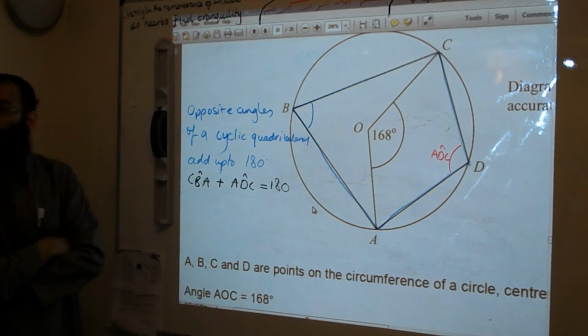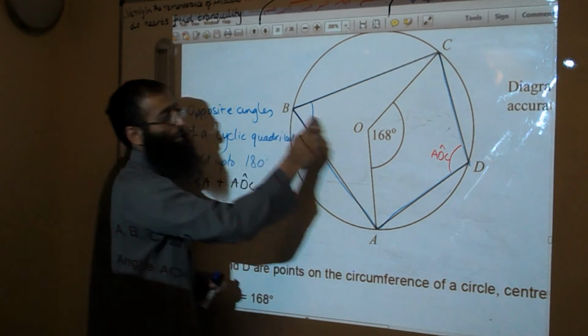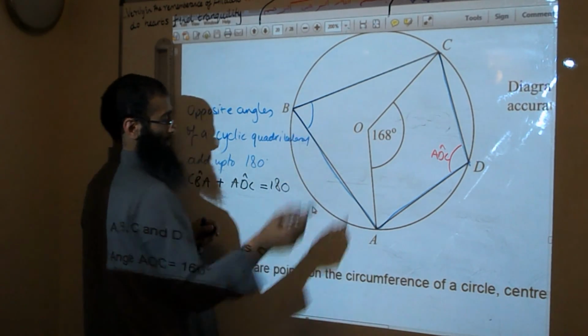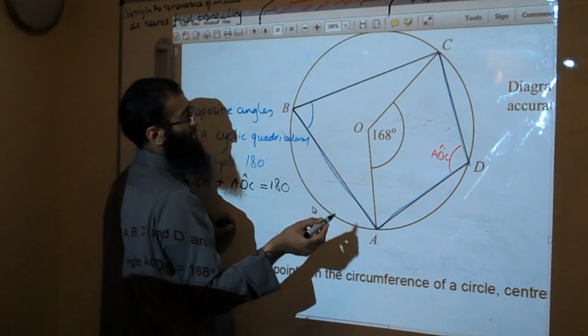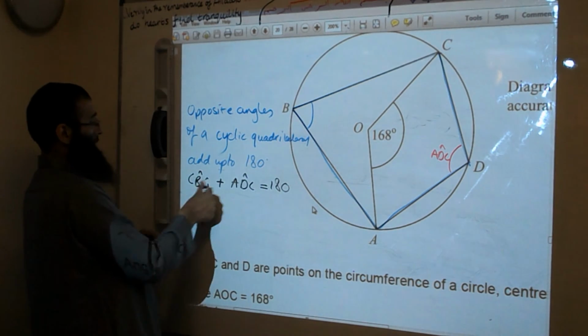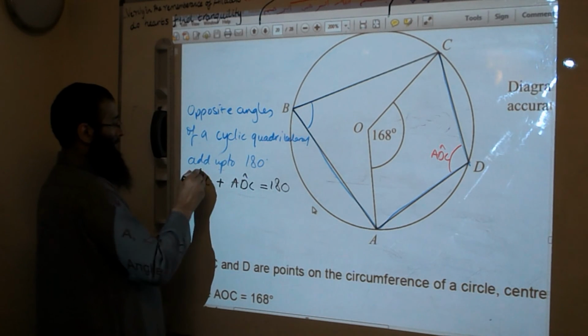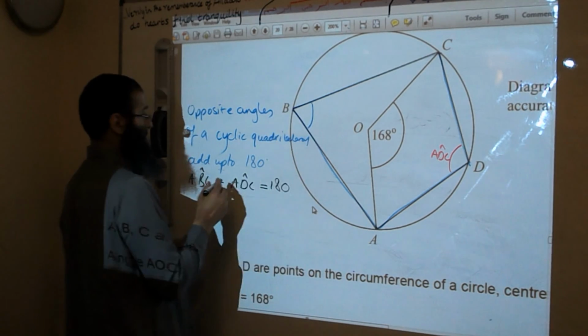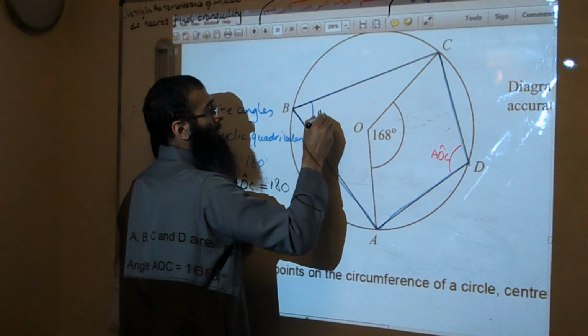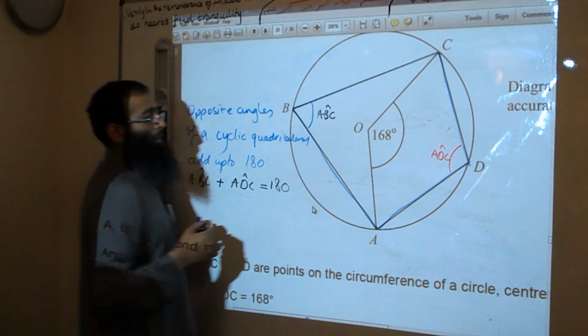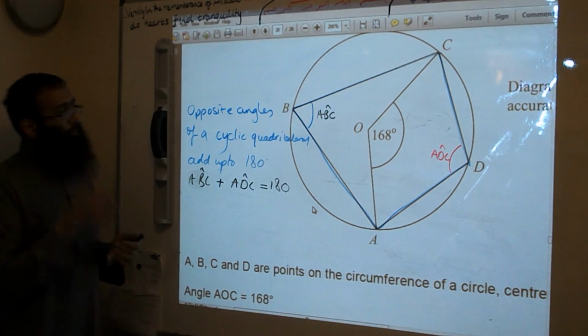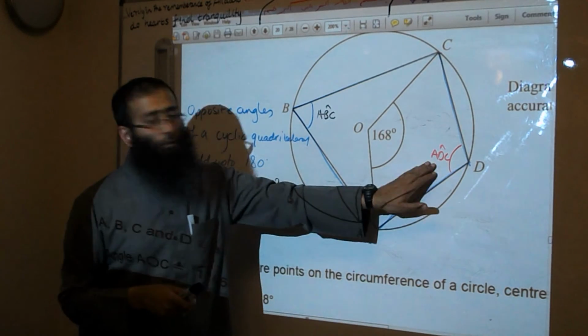Are we happy with that, ladies? So this angle and this angle are labeled as CBA, or we can just do it as ABC. Okay, now that is how we found that angle.